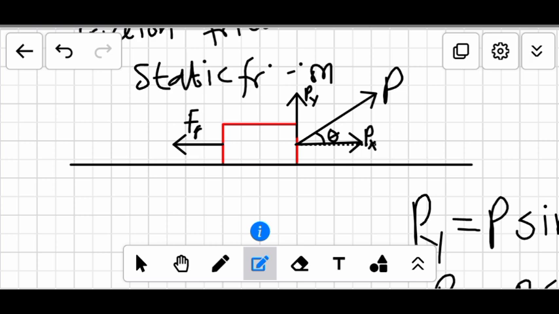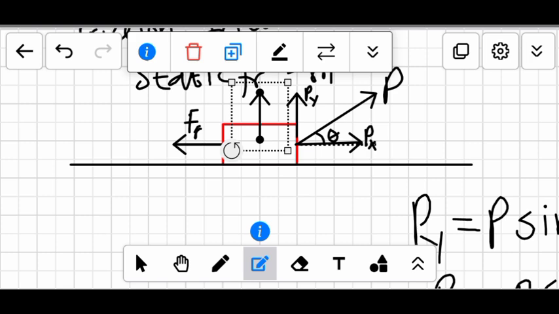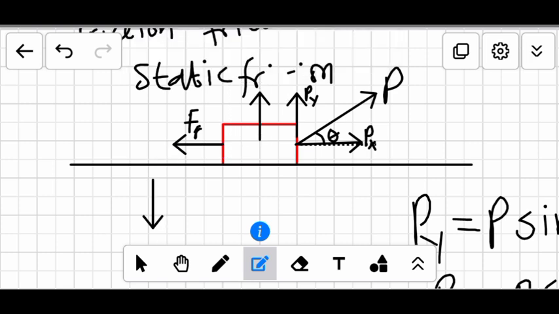Because when you tie the rope and drag it with force P, you are moving it forward with force Px. Now you can raise it up a little bit with force Py. So then, with this force Py, definitely you have your normal reaction in this direction, and the weight of the body as well in this direction.